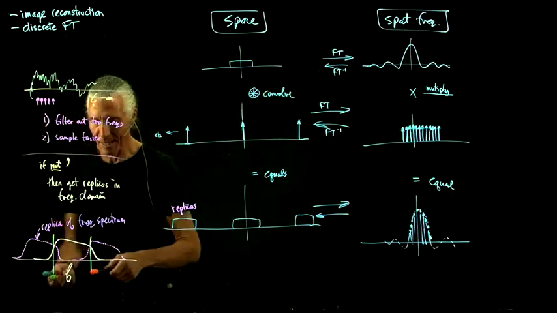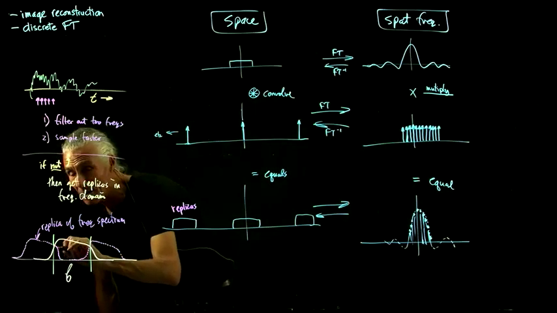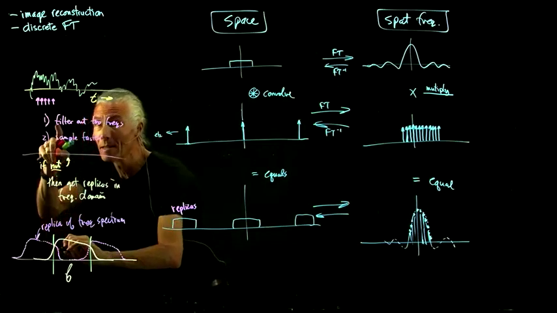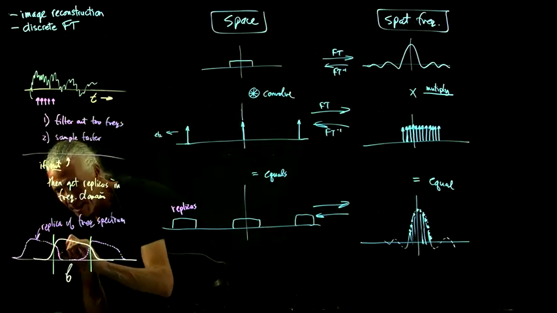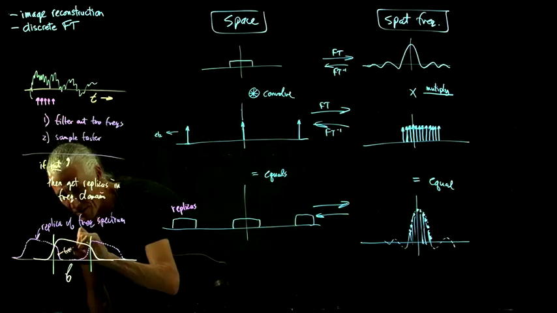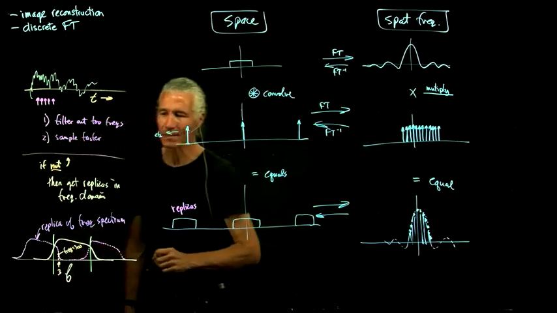Well, say here were some high frequencies that were too high because we didn't sample fast enough. Say this was like frequency 300. That's what frequency it actually is, but it's going to appear as, say, frequency 3. It's going to be added on.